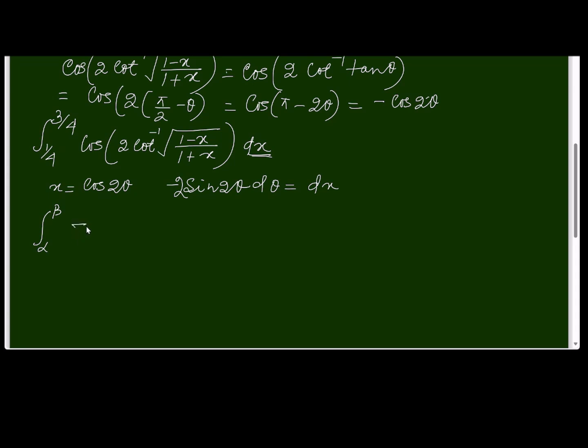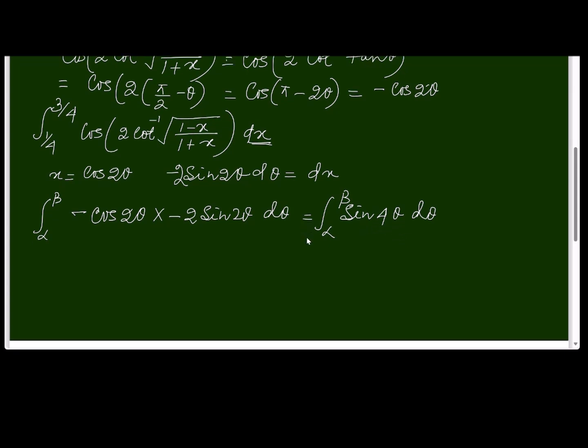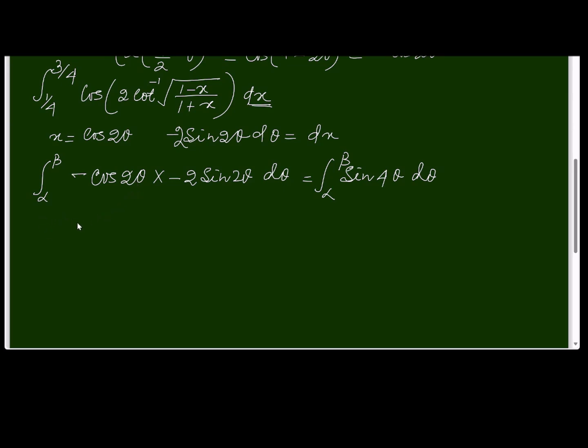Then it will be minus cos 2 theta into minus 2 sine 2 theta d theta, which ultimately becomes the integral of sine 4 theta, since sine x into cos x times 2 equals sine 2x. Now in integration, sine 4 theta gives negative cos 4 theta over 4, and I evaluate it from alpha to beta.